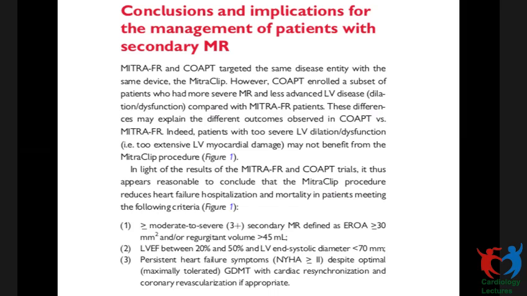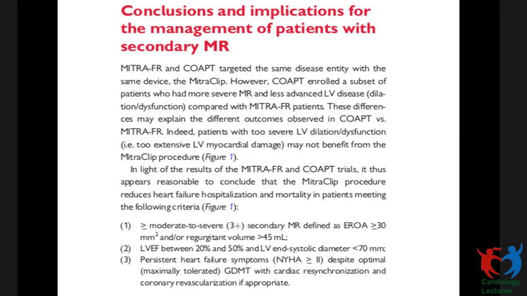These differences may explain the different outcome observed in COAPT versus MITRA-FR. Indeed, patients with too severe LV dilatation or LV dysfunction may not benefit from the MitraClip procedure. In light of the results of MITRA-FR and COAPT trials, it thus appears reasonable to conclude that the MitraClip procedure reduces heart failure hospitalization and mortality in patients meeting the following criteria.